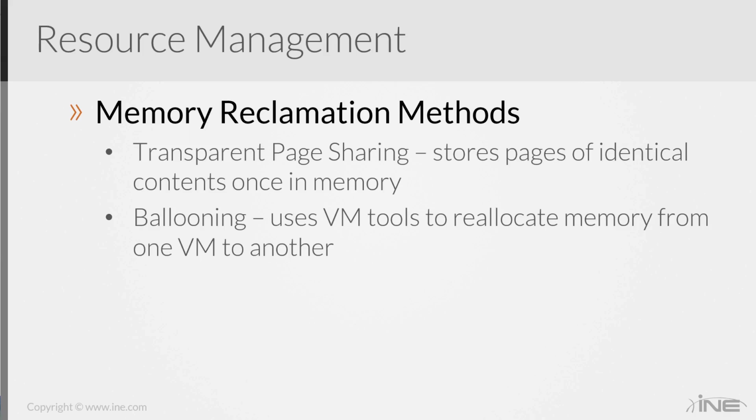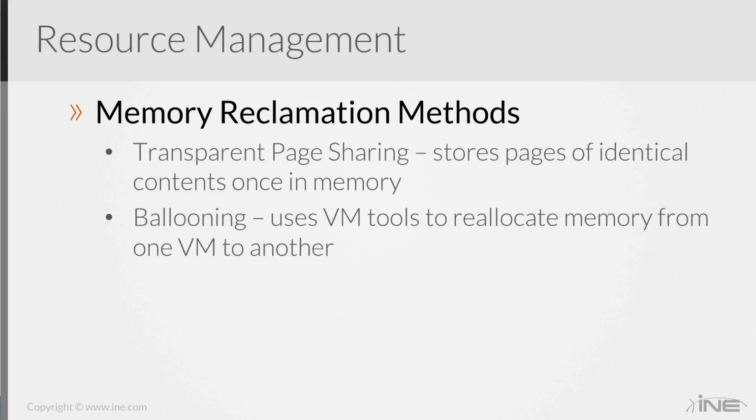Secondly, we have ballooning. This is where the VMkernel reclaims idle or unused memory from a virtual machine, and this is done utilizing the memory balloon driver. The memory balloon driver is installed when we install VMware Tools.